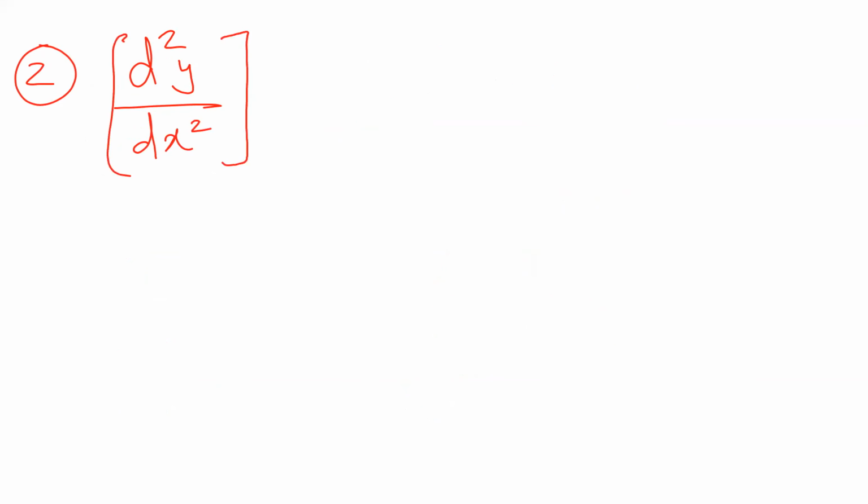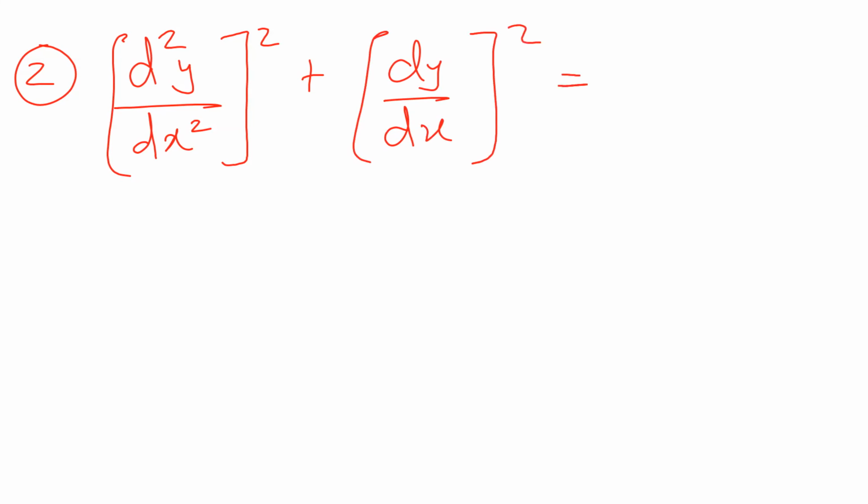Second example: d square y upon dx square the whole raised to 2 plus dy by dx the whole raised to 2 is equal to a raised to x. Now let us first note down the different differentials in this problem.